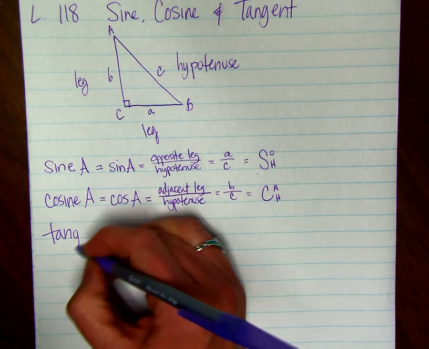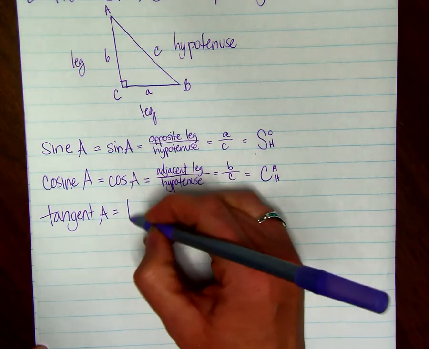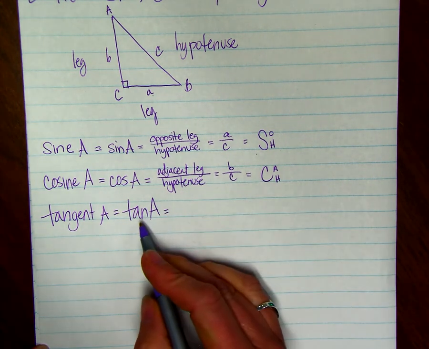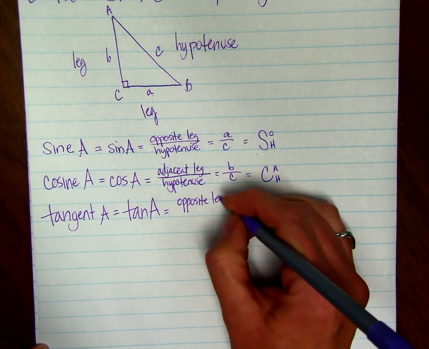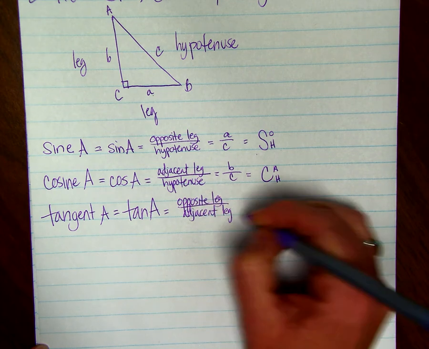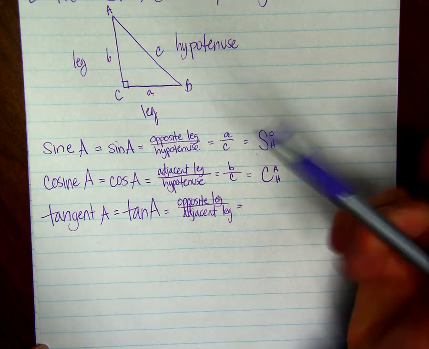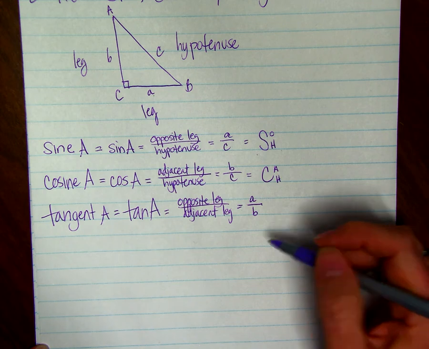The last one we're going to go over is called the tangent of A. We shorten that to 3 letters, T-A-N of A. That still means tangent of A. That's the opposite leg over the adjacent leg. So the opposite is little baby a, the adjacent is b, so it's this ratio of the side lengths.